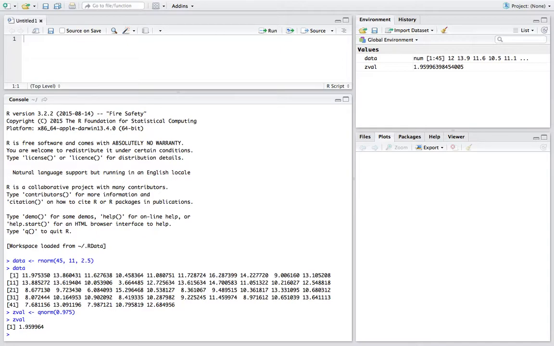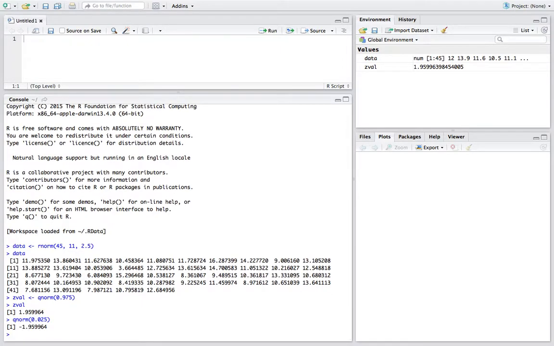And you can see that if we do that for 0.025, we get the same thing, just negative. But in this case, we'll take the positive of the value. This is because the distribution is symmetric when it's standardized.